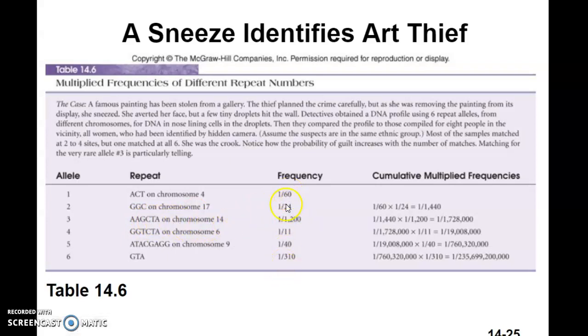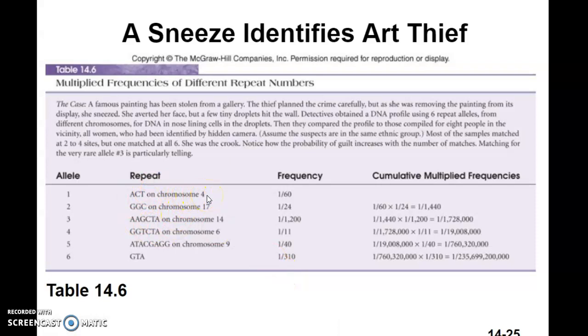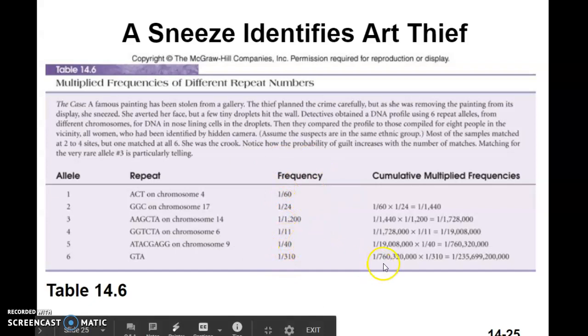But anyway, we have the chance of having that particular repeat on those chromosomes, but to figure out the entire thing, we've got to multiply that together. So when we do that for these 6 repeats, it turns out it's 1 in 235 trillion. So really, there's nobody on Earth that would have had this DNA sample.